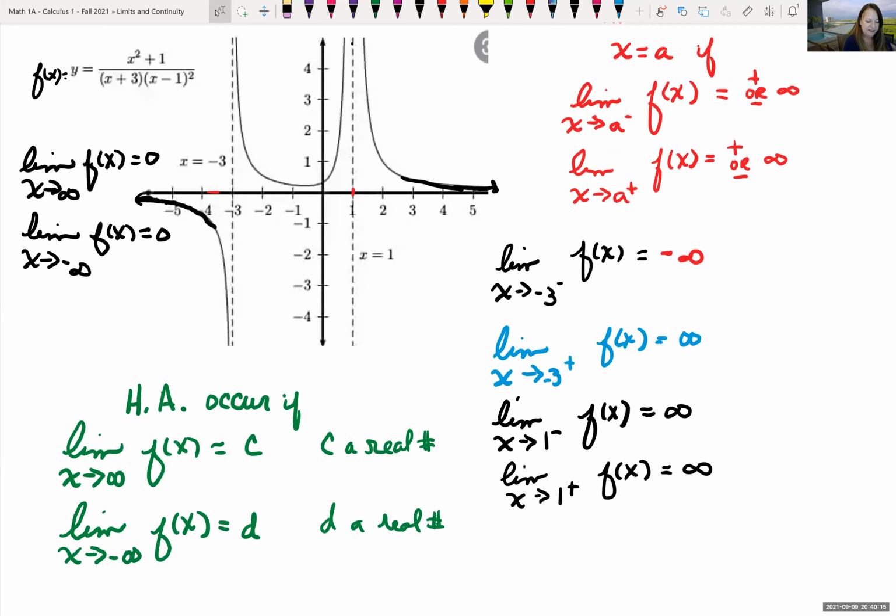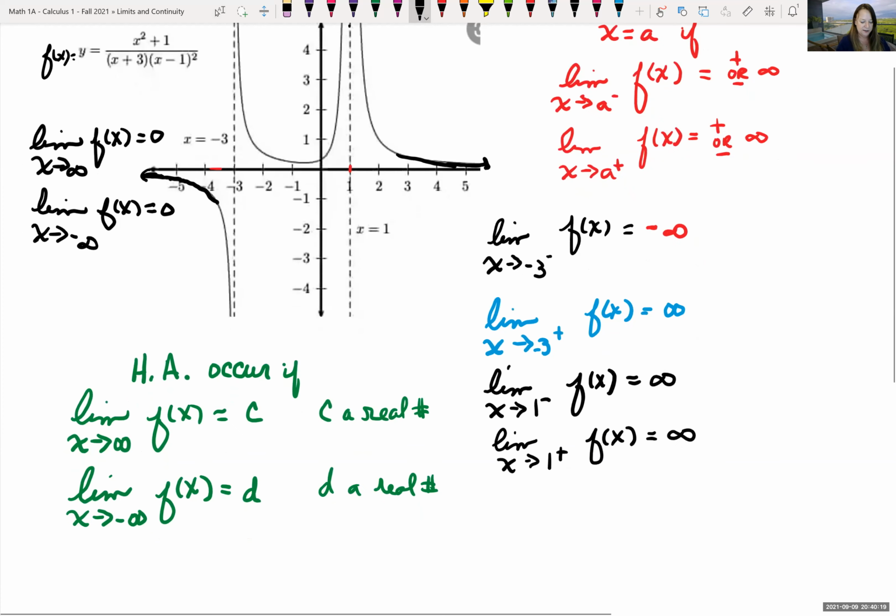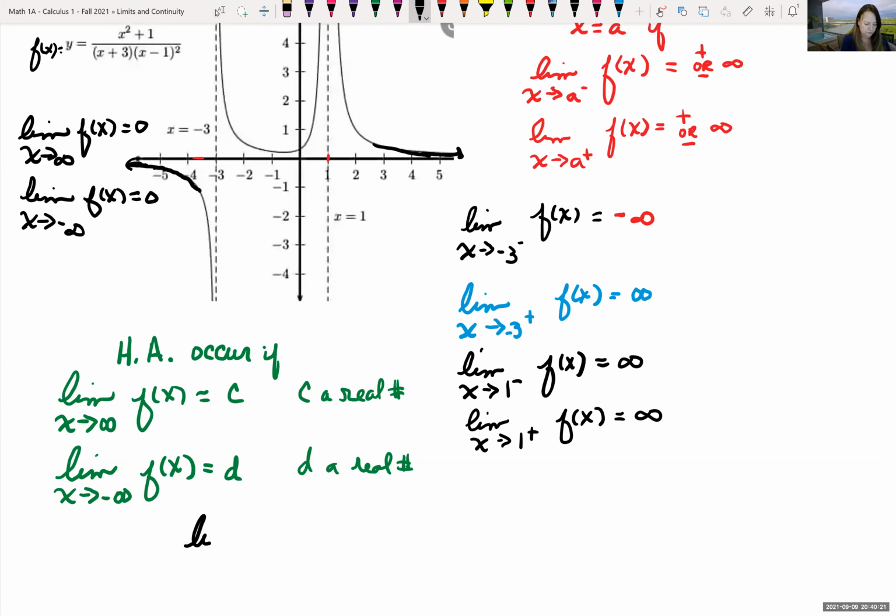Let's say we wanted to look at the limit as x approaches 0 of x squared plus 1 all over x plus 3 all times x minus 1 squared. I can see on my graph that it's continuous there.